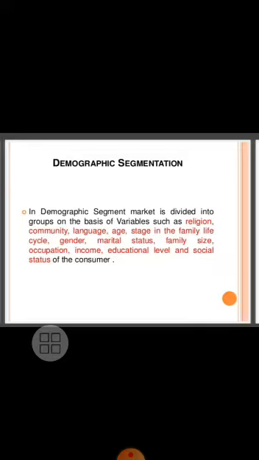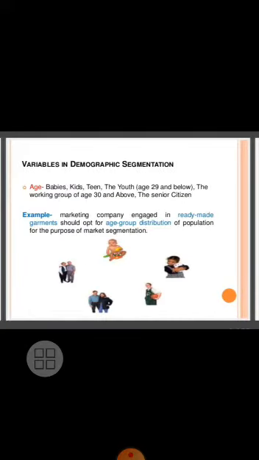So they have divided their economy on the basis of socio-economic groups, and definitely they are going to make the products by keeping in mind all these levels of the economy. So here different variables are given, just like on the basis of age we can divide the market into babies, kids, then teens, then the youth, then the working people of age 30 and above, and then the senior citizens.